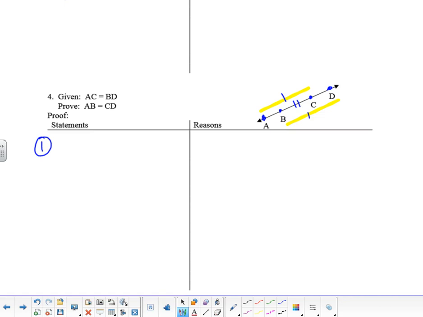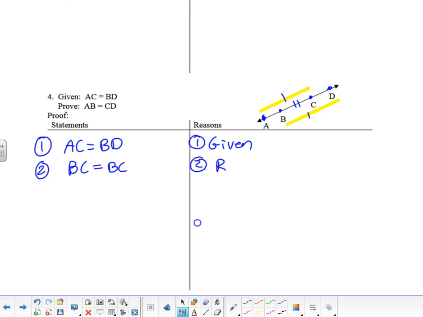So AC equals BD. That's our given. And then for our freebie, BC equals BC. Reflexive property. Think about looking in the mirror, we see the same thing. And now, step 3, we're going to subtract.